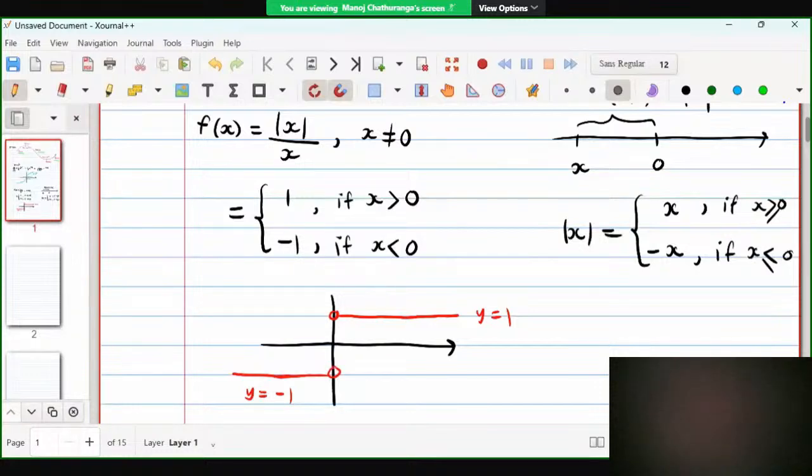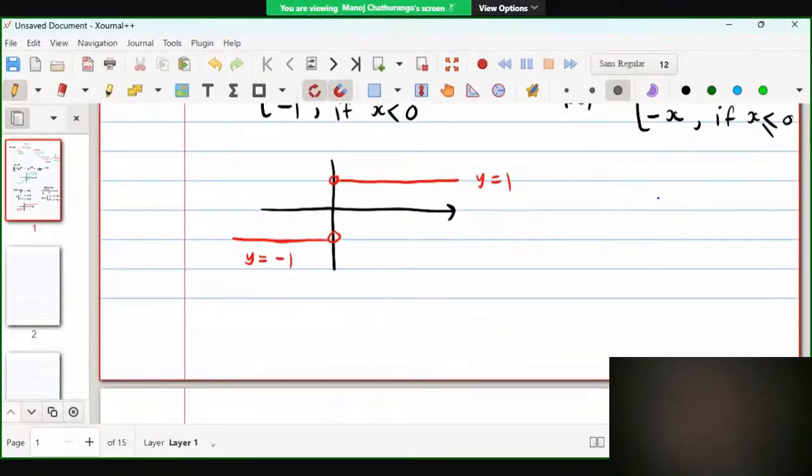Now, you can ask for the derivative of this function. For positive x values, the derivative is 0 because this is a constant. The slope of any tangent line is 0.